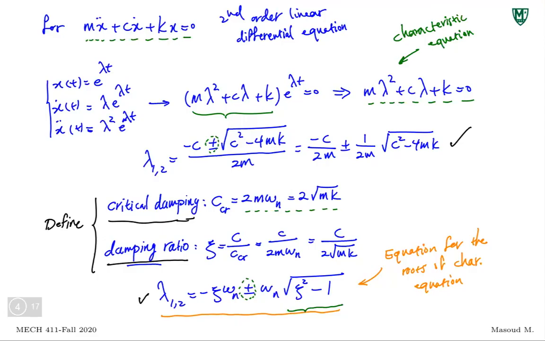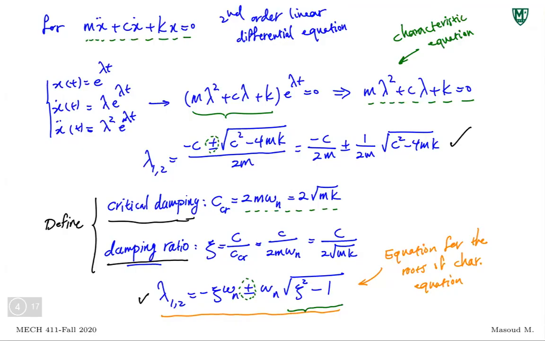If I use these two definitions and plug them back into the equation for the roots, the equation for lambda 1 and 2, here lambda is just a constant, as opposed to x dot, x double dot, and x of t. It's not a function of time.